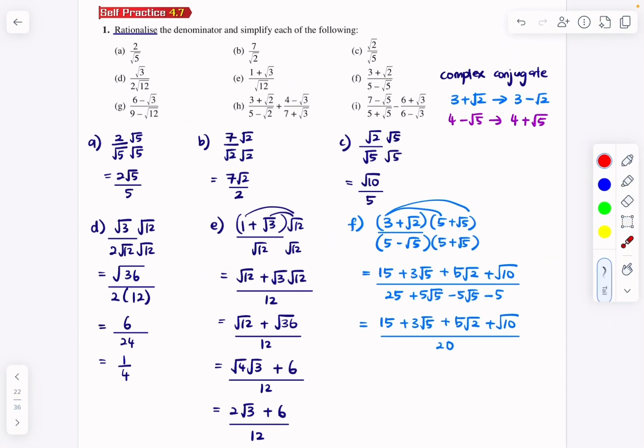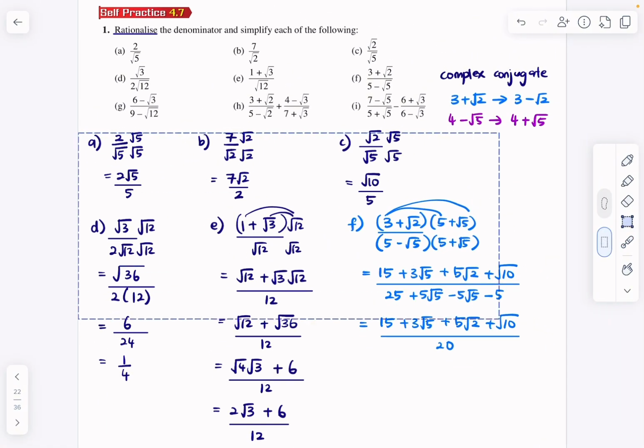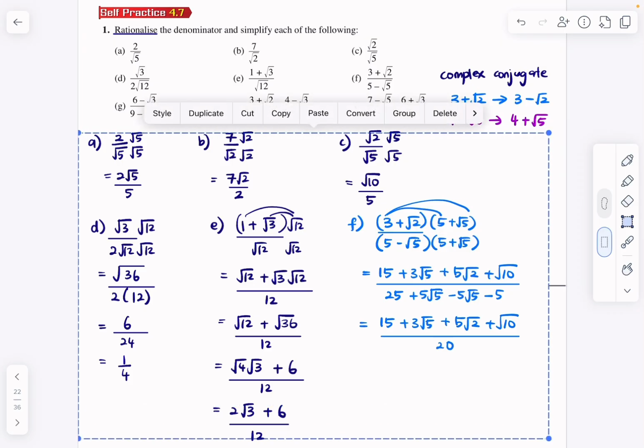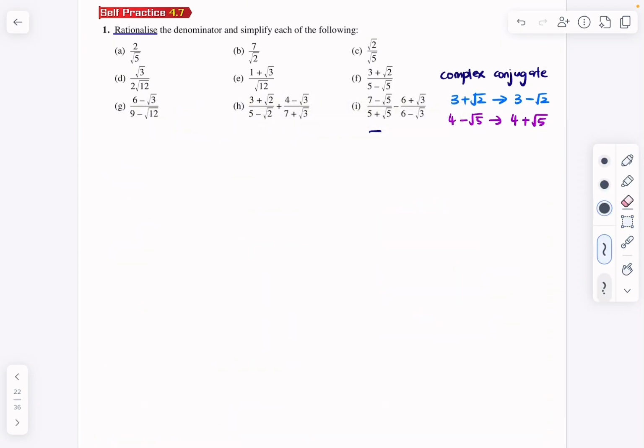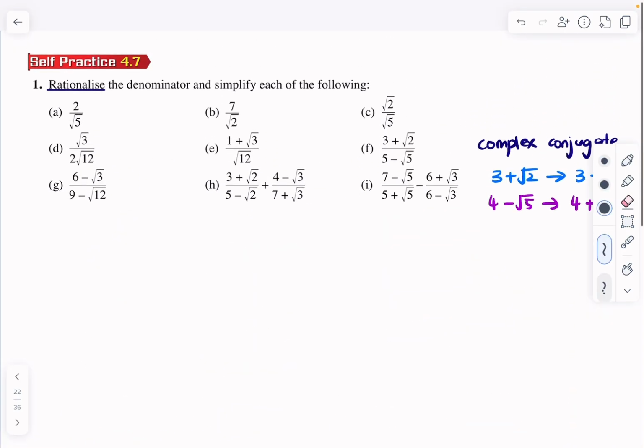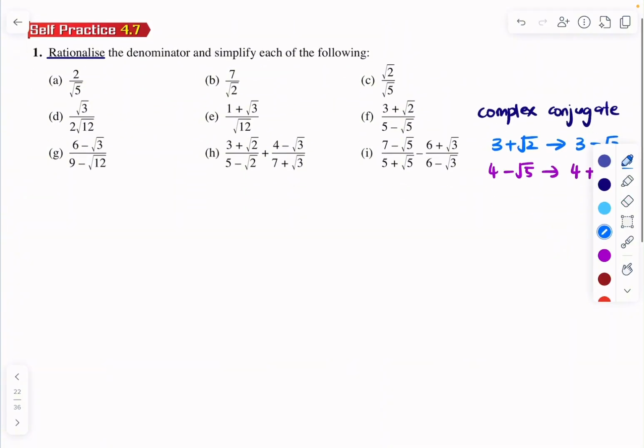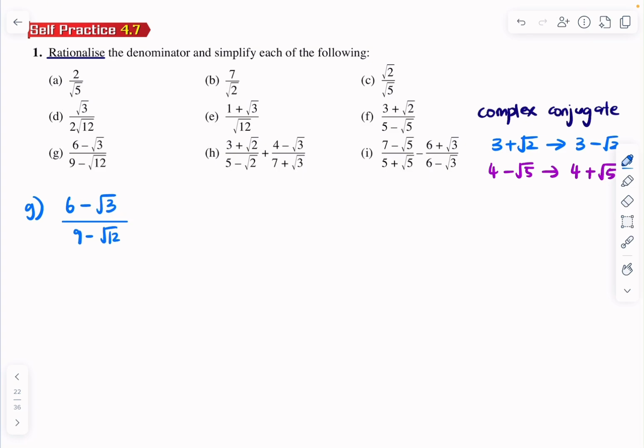Let's erase all this, and let's try G. Same thing: 6 minus √3 over 9 minus √12.